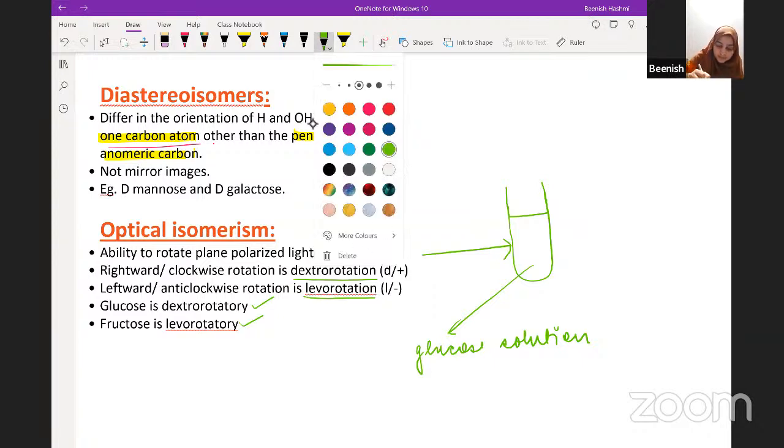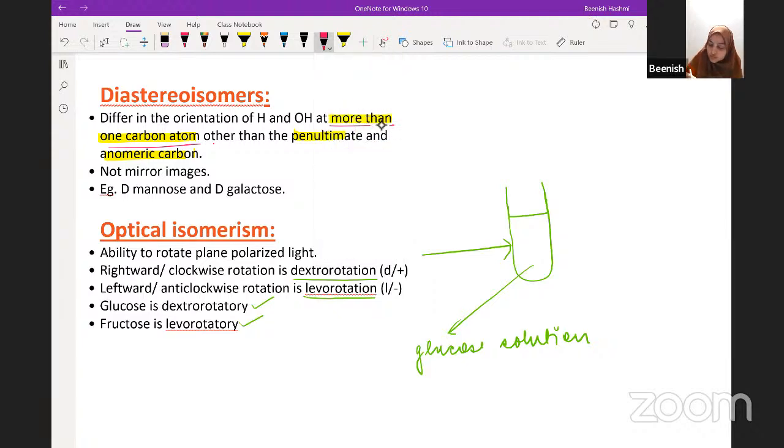What will happen? We are saying that your glucose is dextrorotatory. So you're passing plane polarized light through it. What will happen after passing? It will be rotated clockwise or rightward. So this is dextrorotation.